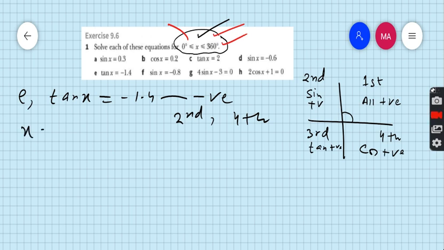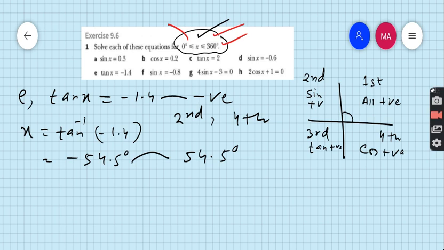So first find the value with the help of calculator. tan inverse minus 1.4. The answer is minus 54.5. But this is not acceptable because the domain is given, only the positive domain is given. So we will convert this to a positive value.